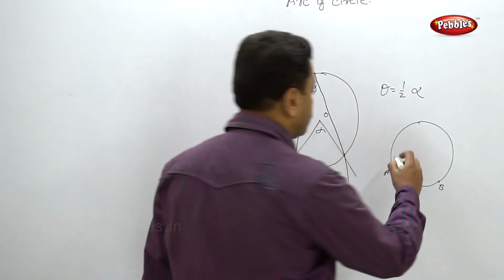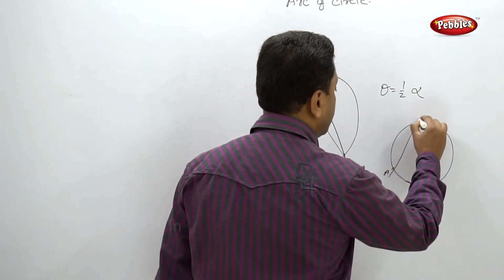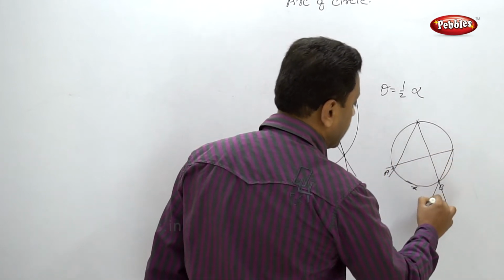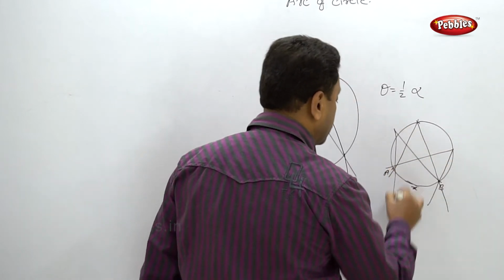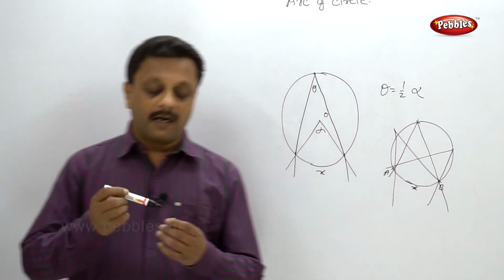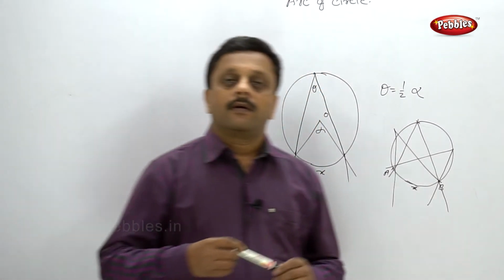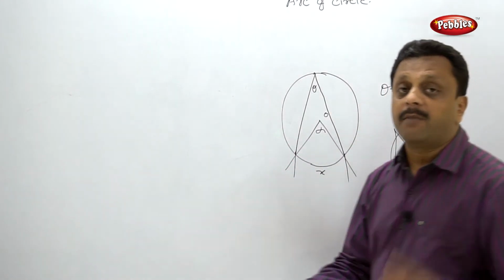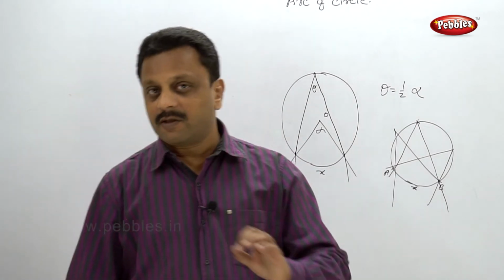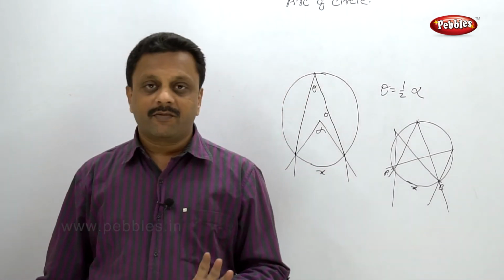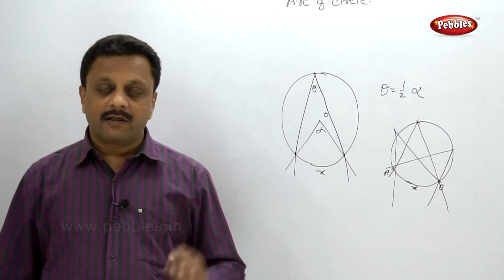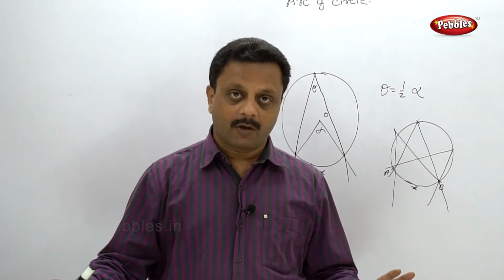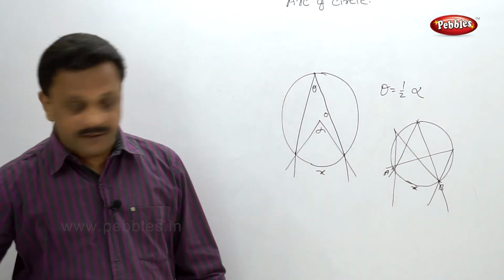For example, if I say this angle, then I can say this angle, then I can say this angle. All these angles are congruent. Why? Because all these angles are subtended by the same arc. In other words, if the arc is the same, whatever angles are making that arc are congruent. Okay?